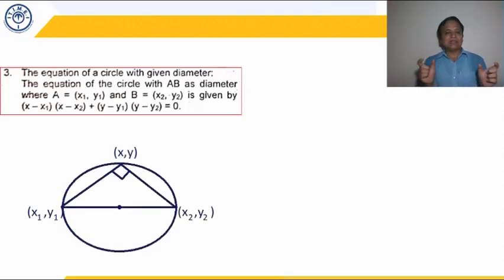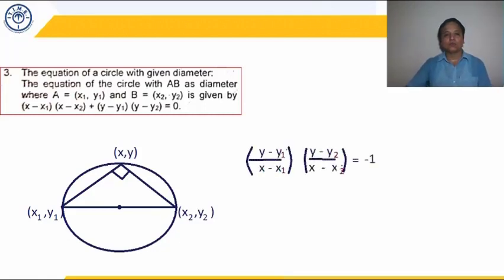If the diameter endpoints are (x1, y1) and (x2, y2), one thing we know is that the angle in a semicircle is 90 degrees. That means these two straight lines are perpendicular to each other, so the product of their slopes is −1. The slope of the first line is (y − y1)/(x − x1).